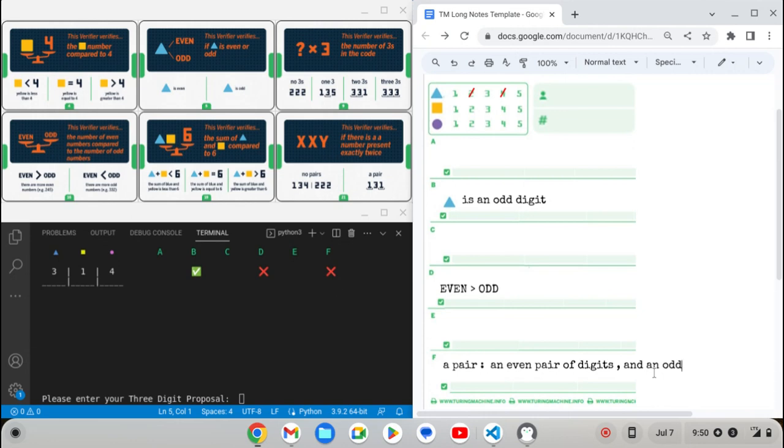Well, there are more even than odds. In fact, I don't know if that last digit is an odd, because it could be that there's two evens and an odd, or potentially even all of them are even and just one of them is paired up. So let me correct myself. Let me just say that there is an even pair of digits.